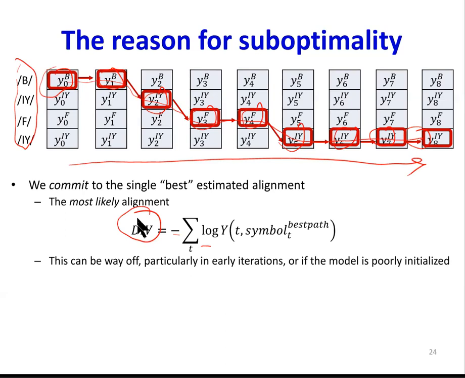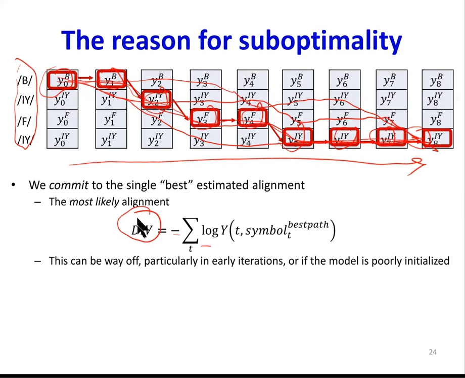So what is the alternative? Now, if you look at this model, there are many different ways of aligning the input to the symbol sequence, right? Now, every single alignment has a probability.